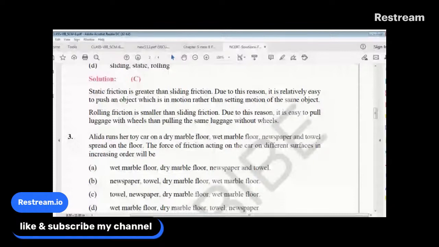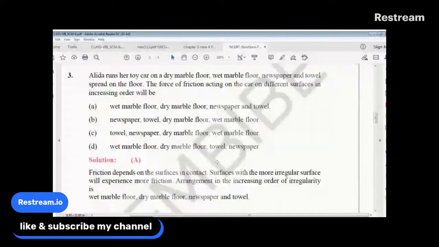The arrangement in increasing order of irregularity is wet marble floor, dry marble floor, newspaper and towel. Here is the answer.